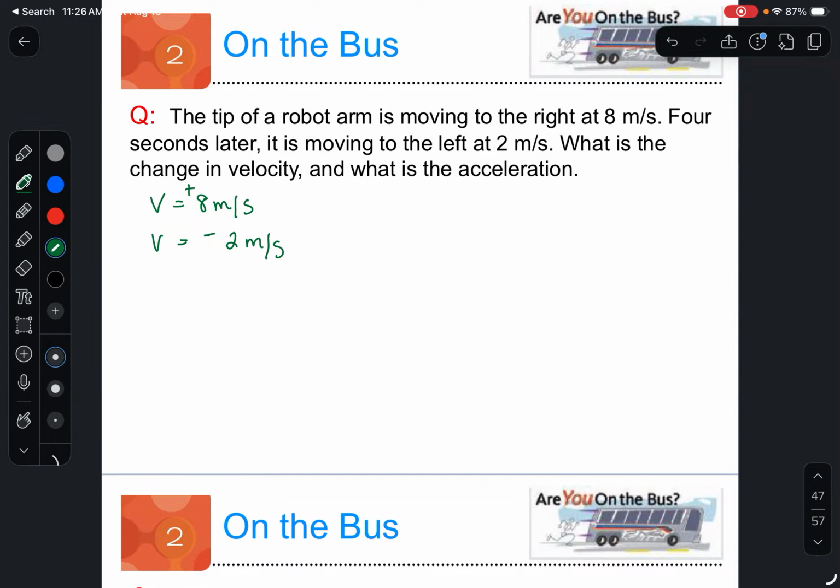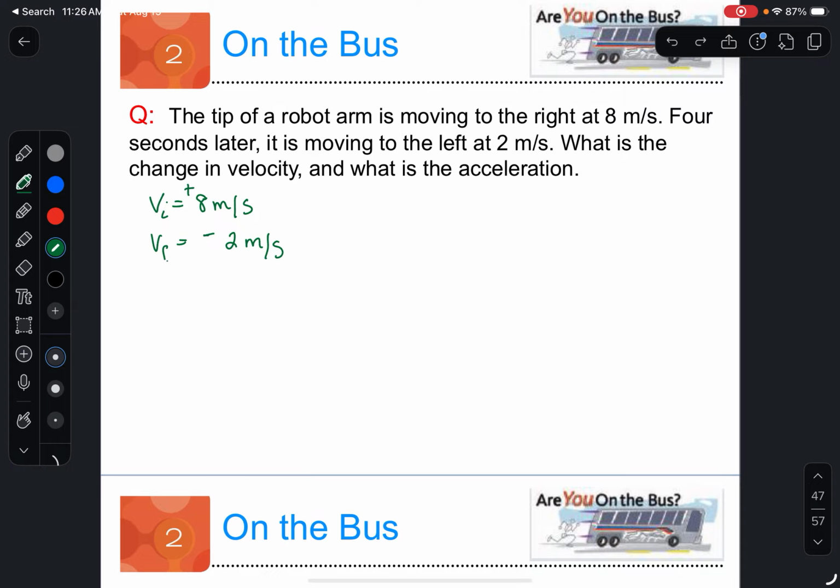So we know our 8 meters per second is initial, our negative 2 meters per second is final, and the time is 4 seconds. You're asked to find the change in velocity, and you're asked to find what the acceleration is.